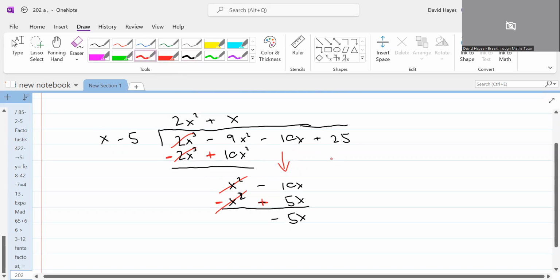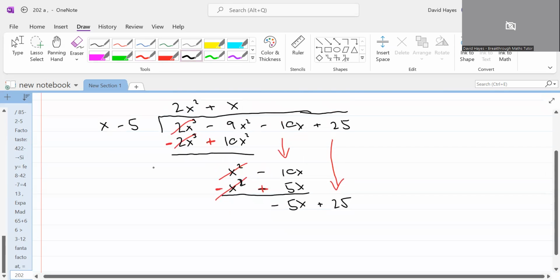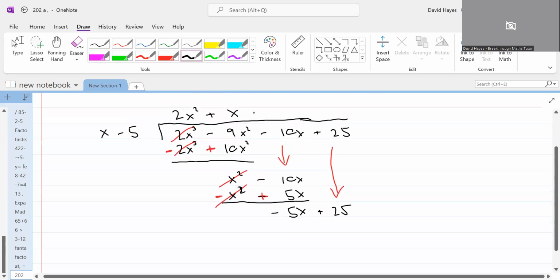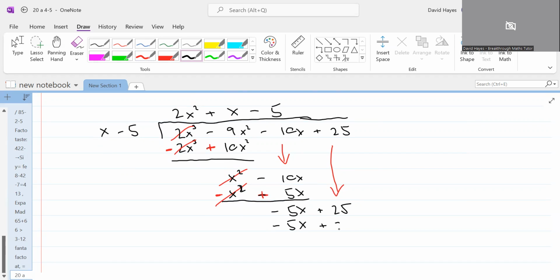Then I bring down this plus 25 alongside it. Now I start again. x divided into minus 5x gives me minus 5. Take minus 5 and multiply it by x, minus 5x. Minus 5 multiplied by minus 5 gives me a plus 25.